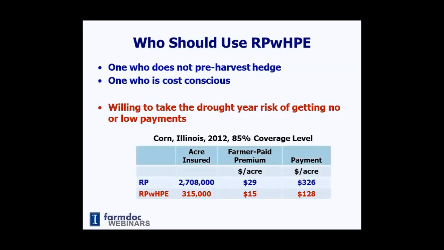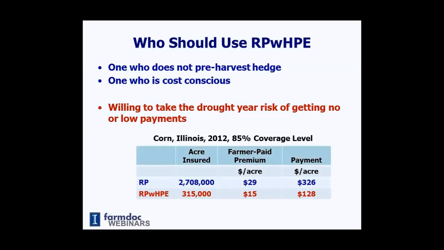Here I'm showing those per acre payments for different harvest yields and different prices. RP is a farm level policy. It makes payments based on what happens on the farm. It has replant and preventive planting payment provisions in it, unlike ARPI or the group policies, which don't have those in them. Again, we believe that most producers, farmers, and landowners will find this a good place to be.